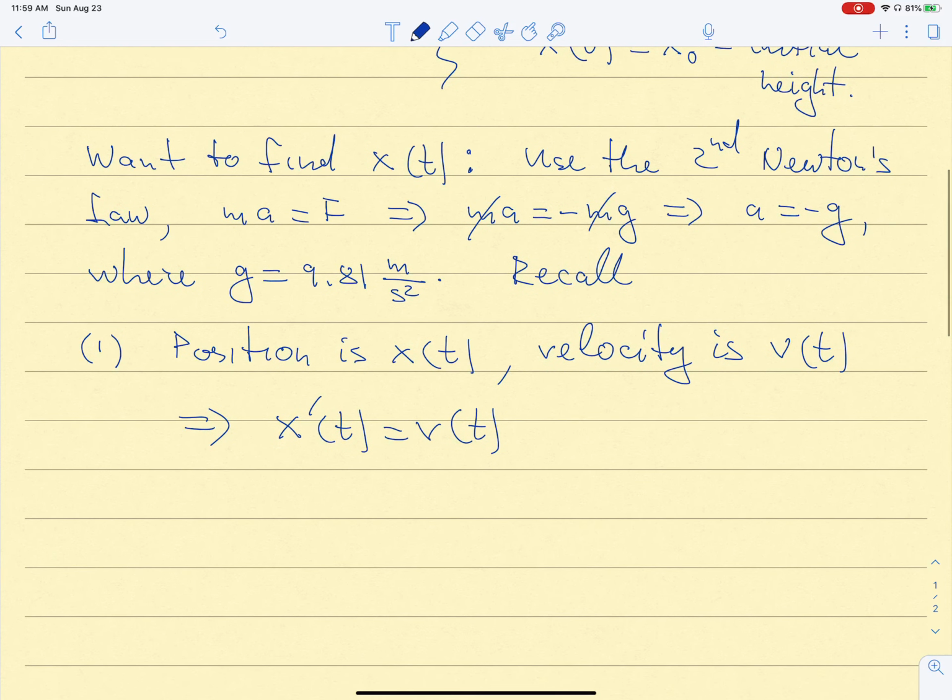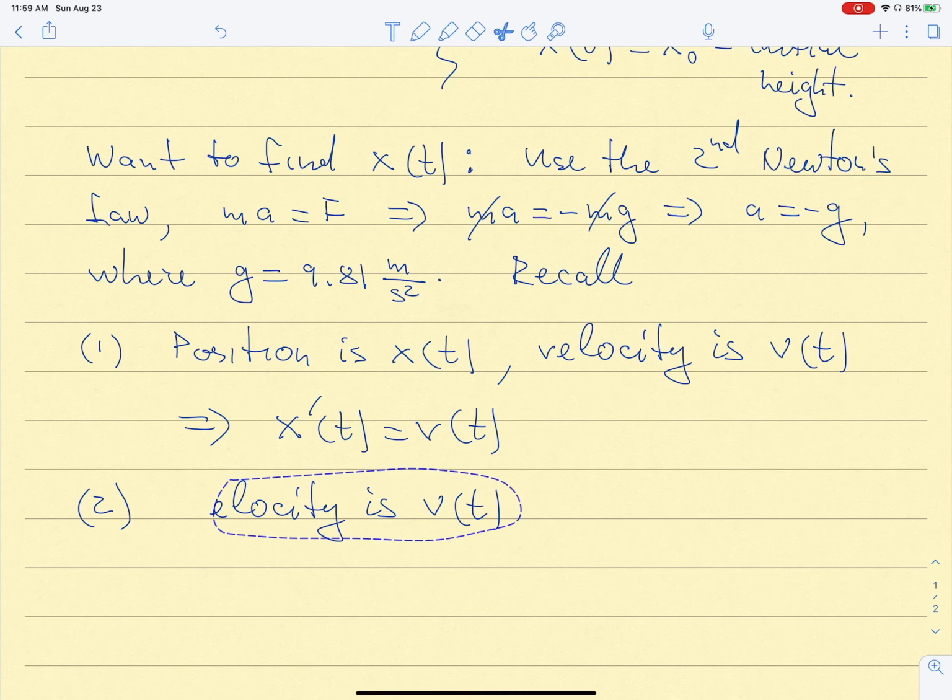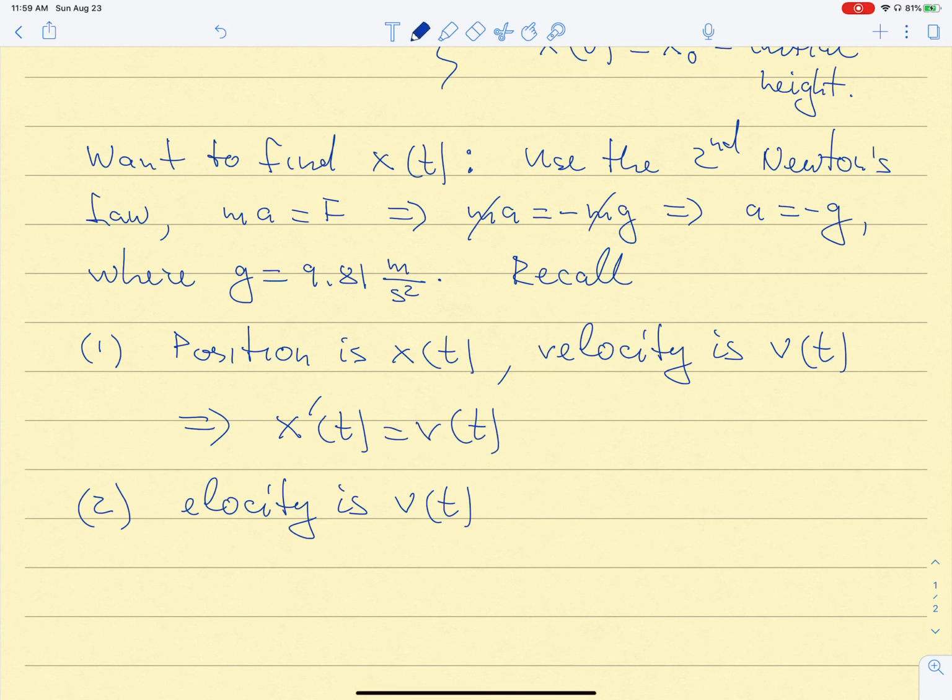Okay, and number two, if velocity is v of t, and acceleration is a of t, as we already labeled it, then again, what is acceleration?